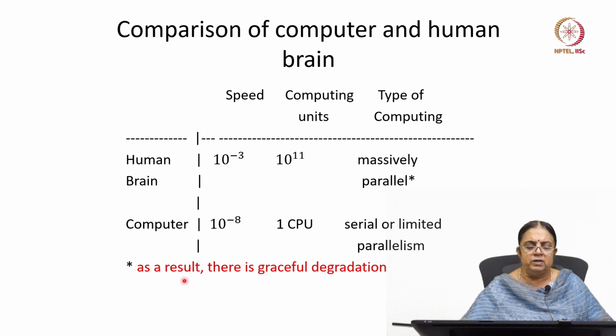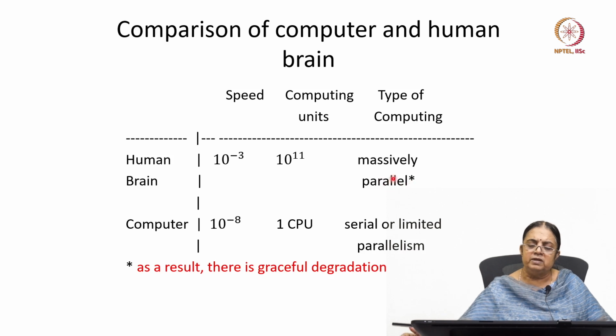So one important thing to note here is that since it is massively parallel, there is graceful degradation. Even if some part of your brain is not working sometime, or there is some damage to some neurons, it will continue to work, because it's massively parallel.